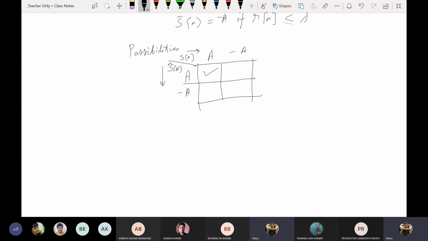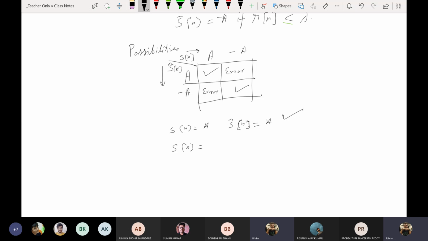So this is correct, this is correct. This is an error, this is an error. Agreed? I'll write it simply. Sn equals A with S hat n equal to A, no problem.